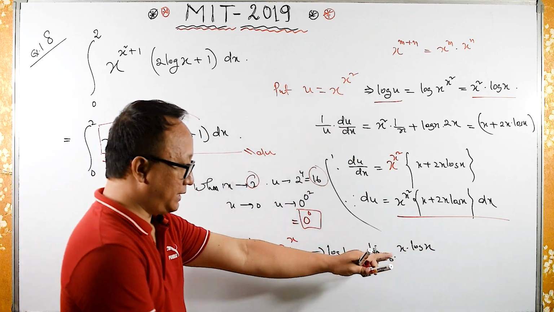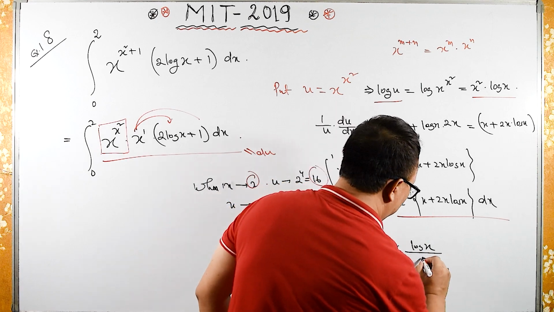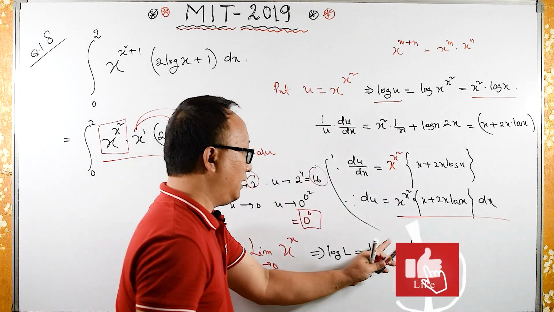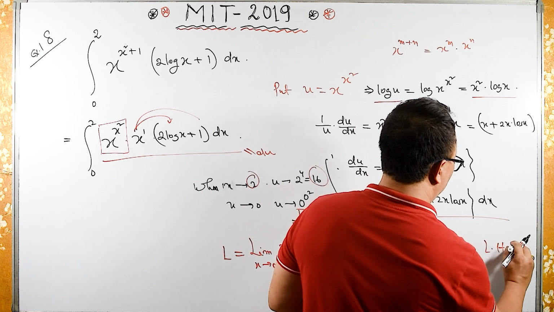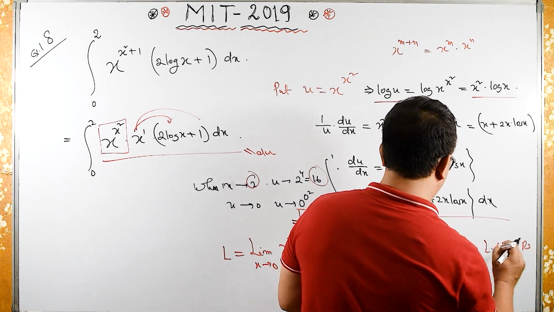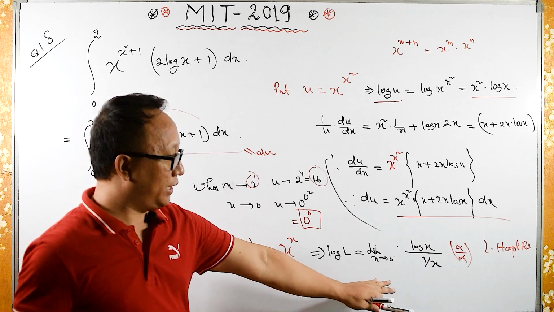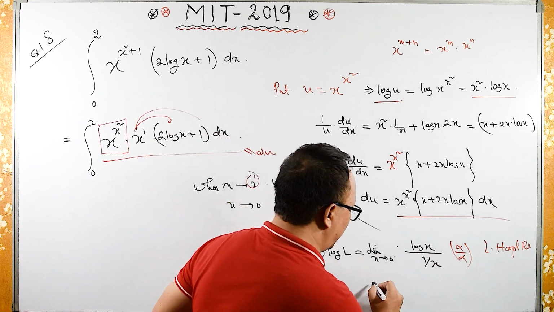So this x I can write like this, 1 upon x. We can apply L'Hospital rule. Now if I apply L'Hospital rule over here, let's differentiate this.